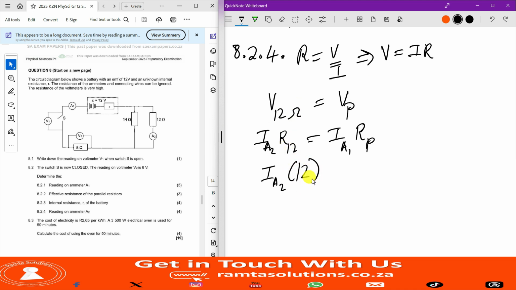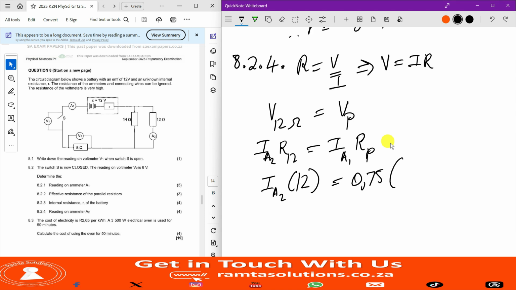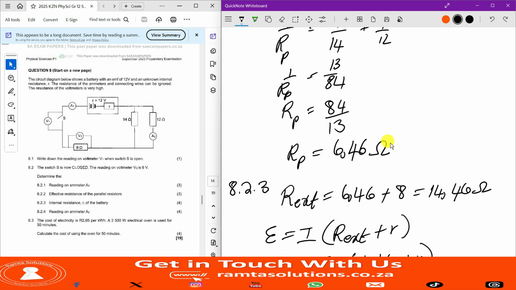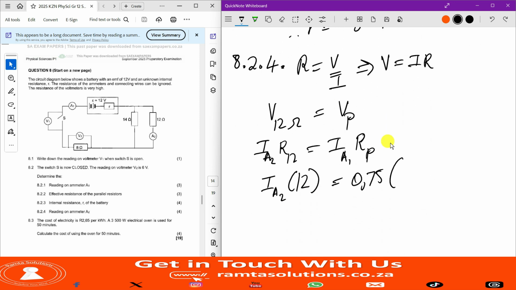So what is R12? It is 12 ohms. Current at ammeter A1 was 0.75. And what was the resistance of the parallel resistors? 14.46. So we don't waste time, we can simply say the current here, 0.75 times 14.46 all divided by 12.